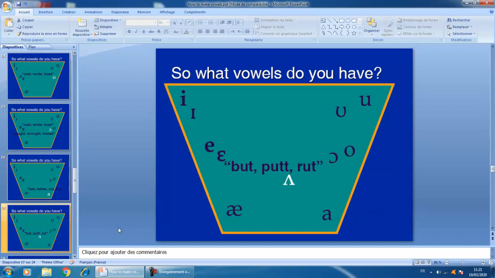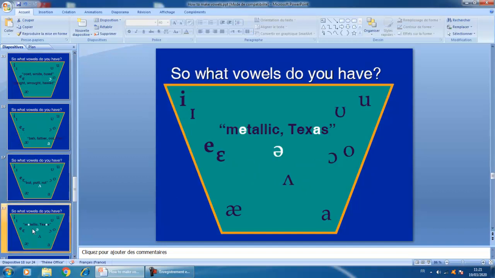Another vowel that exists in English is this one, but, pot, rot. The verb to cut here. Okay? Another vowel, this is the one that we call a schwa. Metallic Texas.